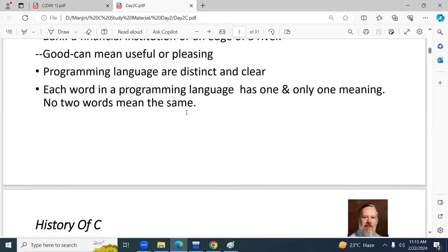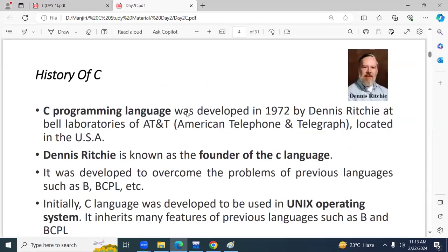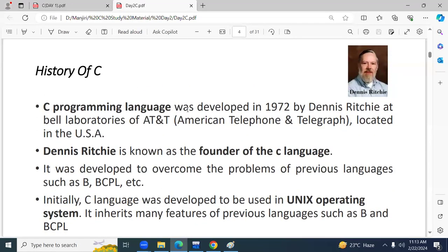Okay, so I am moving towards the next slide, the history of C. The C programming language was invented or developed by Dennis Ritchie at a laboratory located in the USA, and he is one of the founders of the C language.